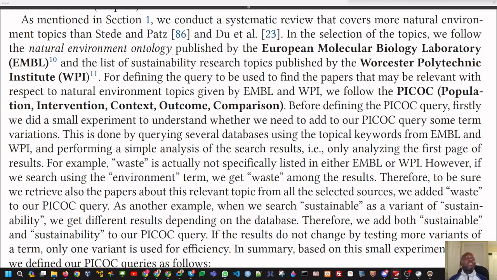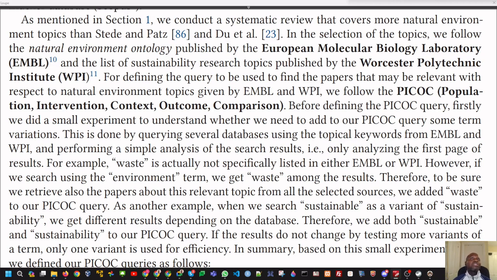For defining the query to be used to find papers that may be relevant with respect to natural environment topics, given by the European Molecular Biology Laboratory and the Worcester Polytechnic Institute, they followed what they call the PECO, which is an acronym for Population, Intervention, Context, Outcome, and Comparison.